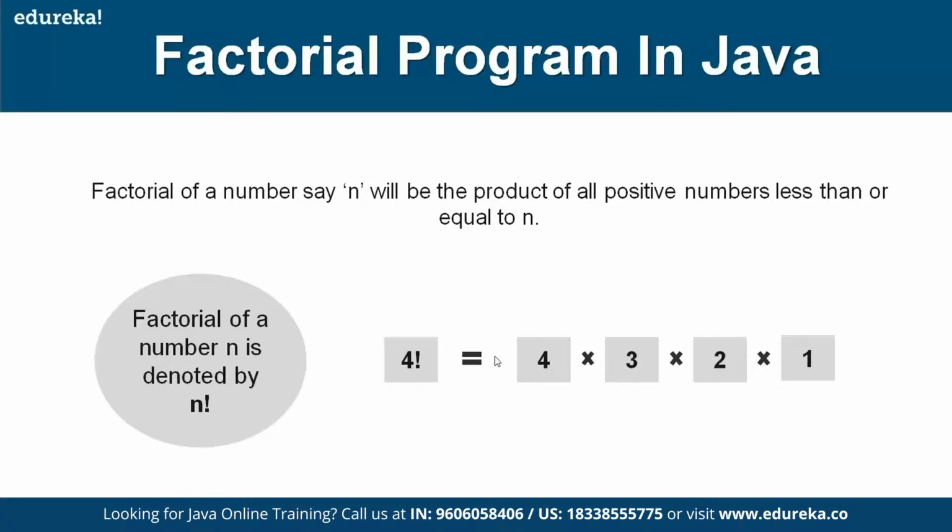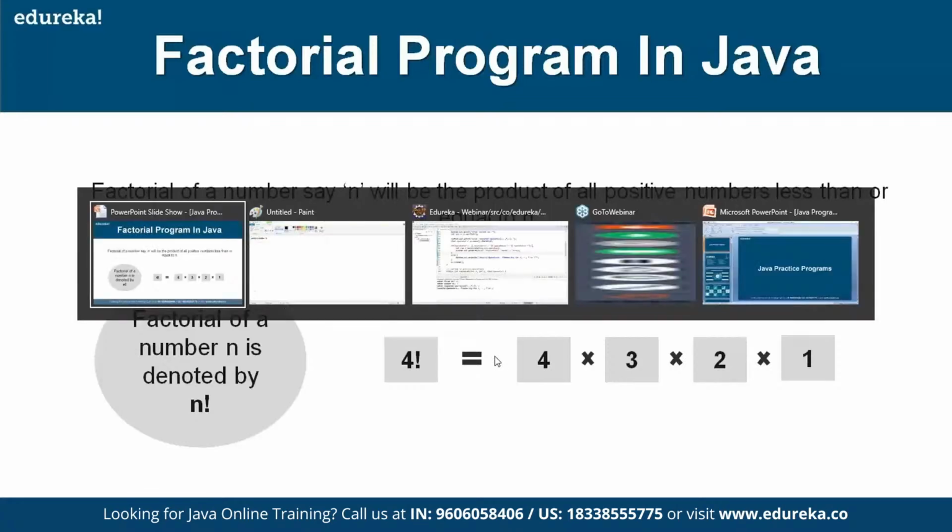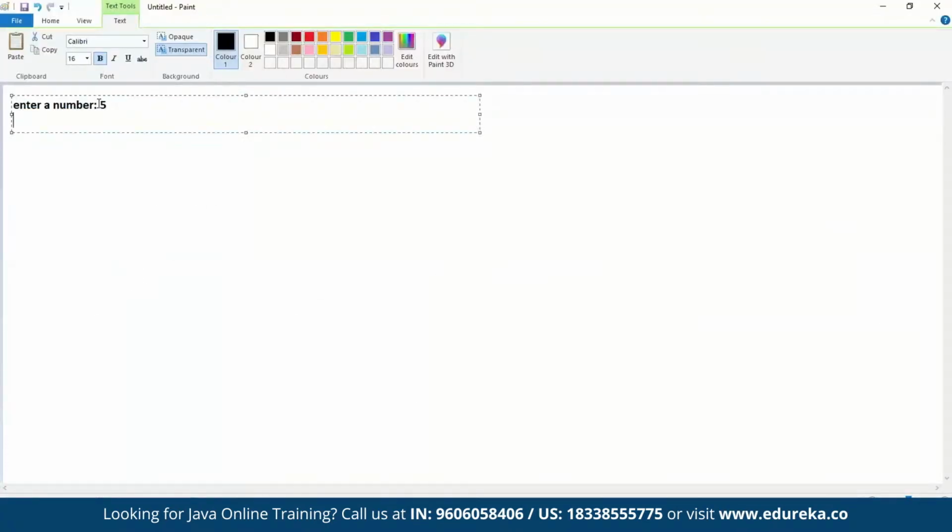So what is the logic of this? What do we need to do? We should enter a number, maybe 5. So we should have a method. There we will pass this 5. And that number, you check whether it is a positive number, I mean, greater than 0. Then only you should find the factorial. If it is 1, return that.